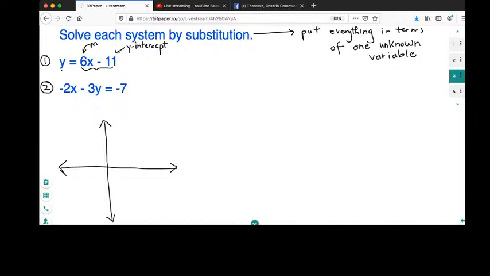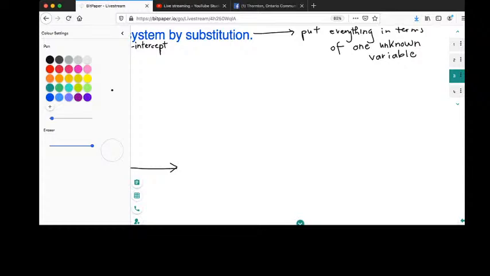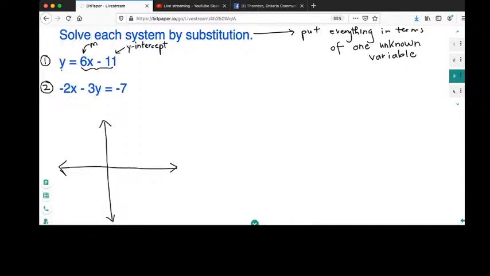Say I had 2 lines and it was like this line and this line. When they're saying solve, what they're asking for in actuality is this point where the 2 lines hit each other. And so at this point, both the x value and the y value for both systems are going to be the same. So I hope that makes sense so far.